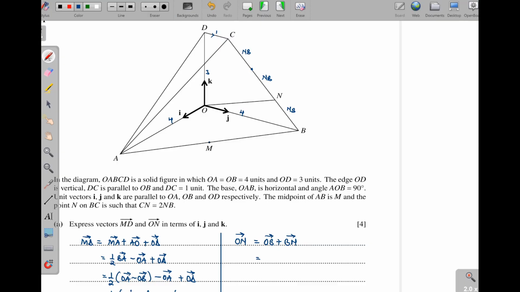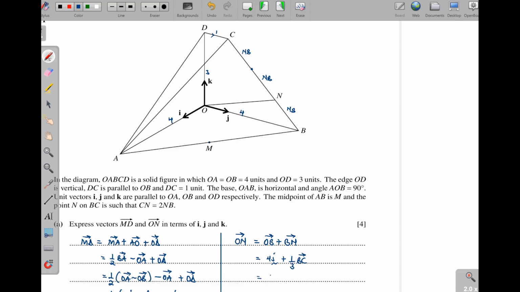So OB is of course 4j. Then B to N here, this is 1, 2, 3. So there are 3 BNs in BC. Are we there? So BN is going to be a third of BC.